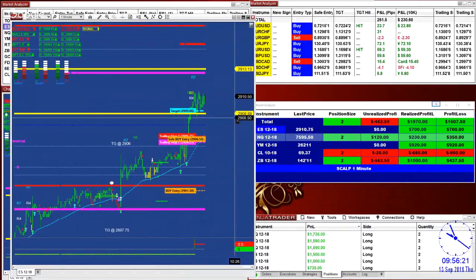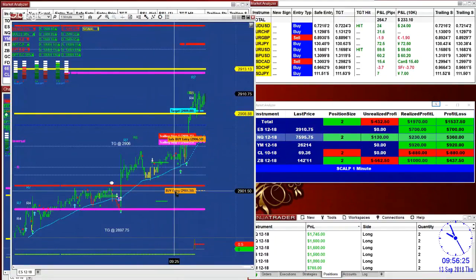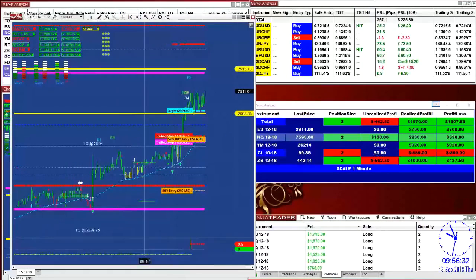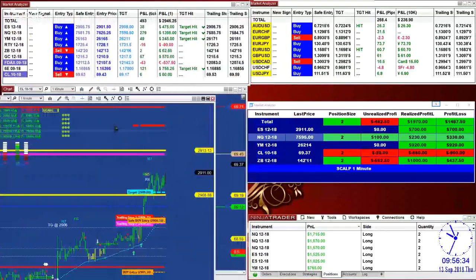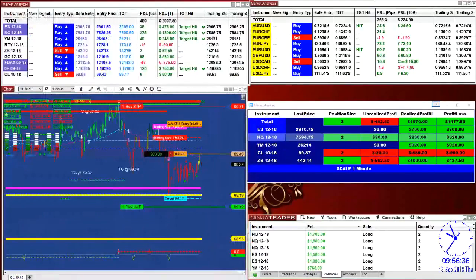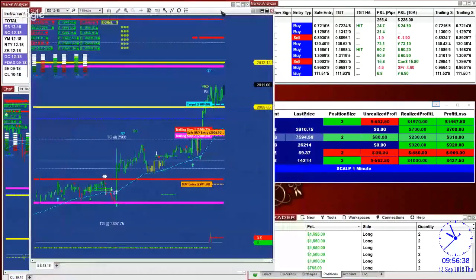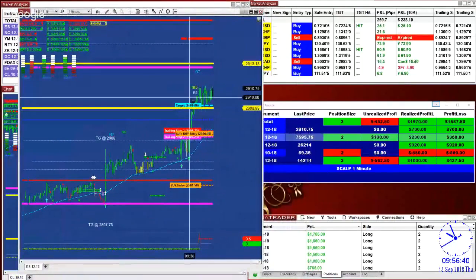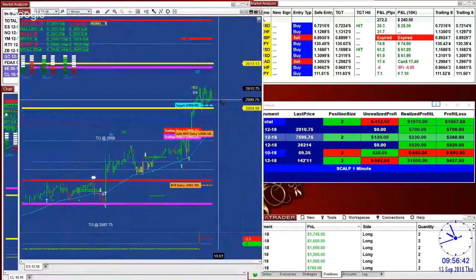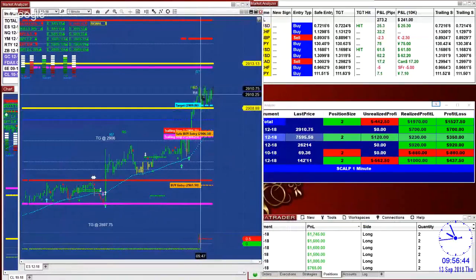There are three pieces here of what we are doing. Once we enter the market, we hit the target. As an example, that's why I extended the target on the CL, because sometimes we get a few ticks above.